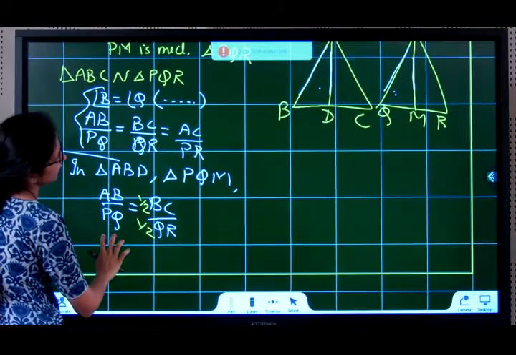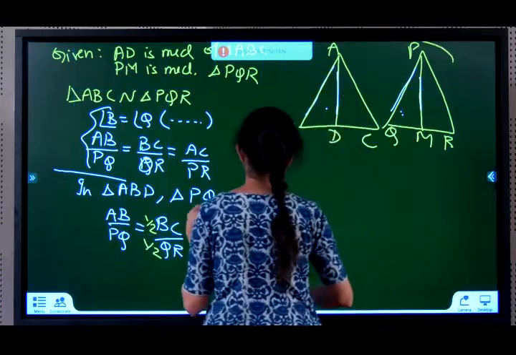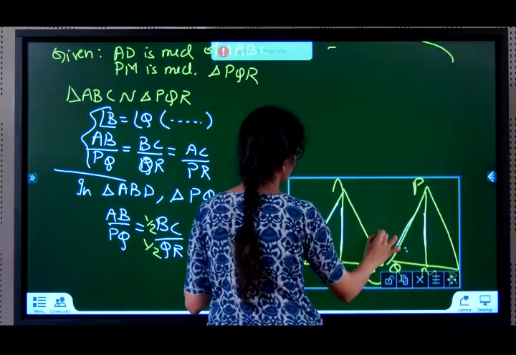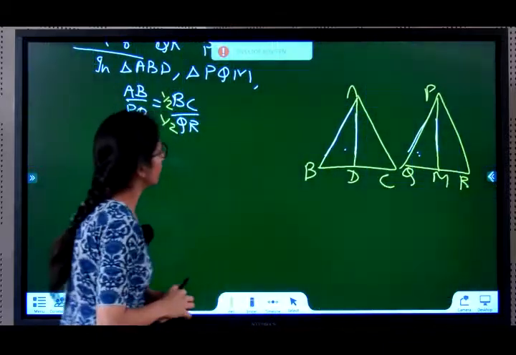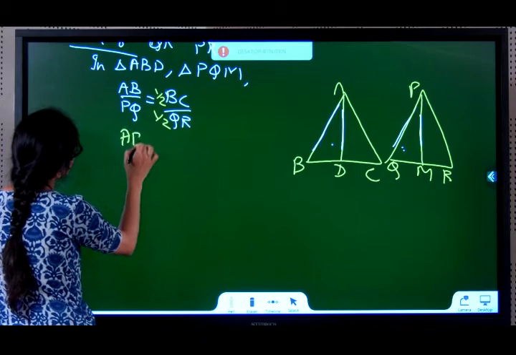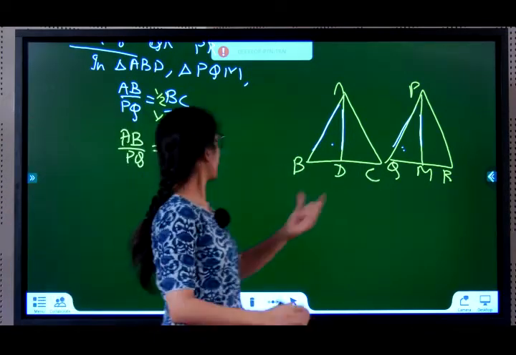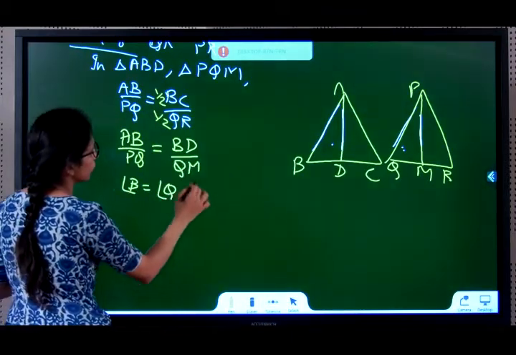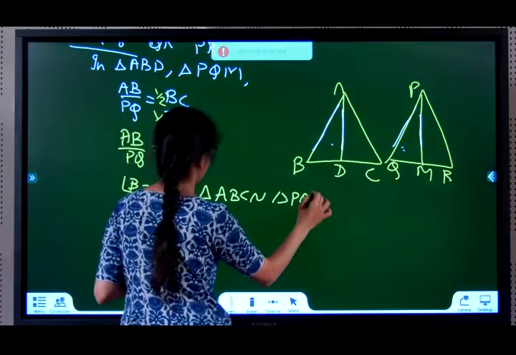So now what happens? So this becomes AB by PQ, half BC is BD, and this is QM. Also angle B is equal to angle Q. Why? Because triangle ABC is similar to triangle PQR. We wrote it in the given part.